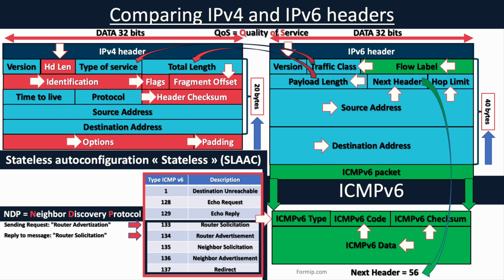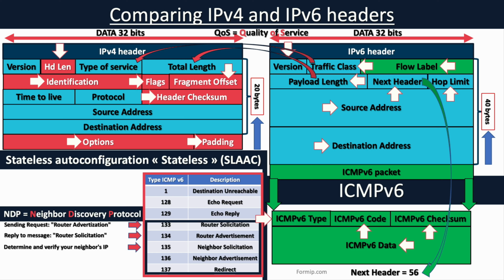The neighbor solicitation message has 3 functions. First, it allows a node to determine the link-layer address of its recipient. This function is identical to the IPv4 ARP protocol. It also allows you to check if the equipment is accessible.